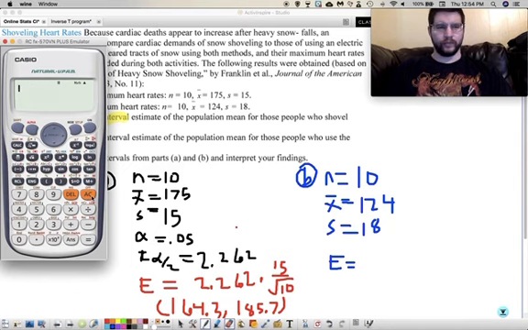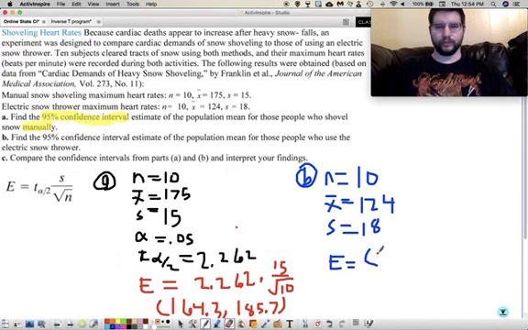Okay. Check. Yep. X bar is 124 minus my error gives me 111.12. And we can go to one decimal place because our data gives us X bars to one decimal place.